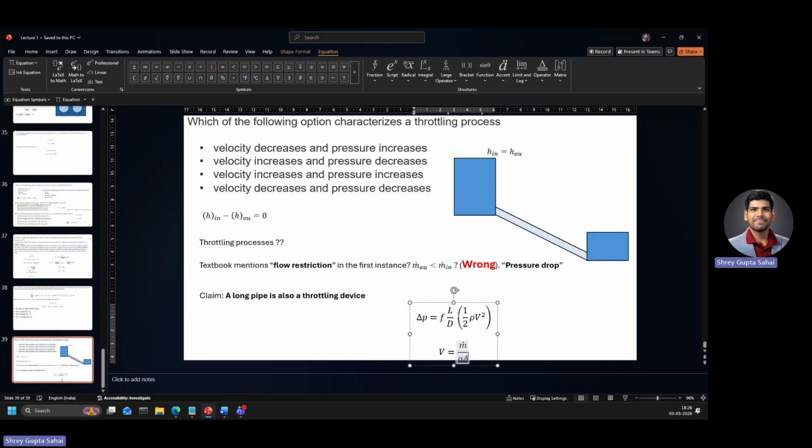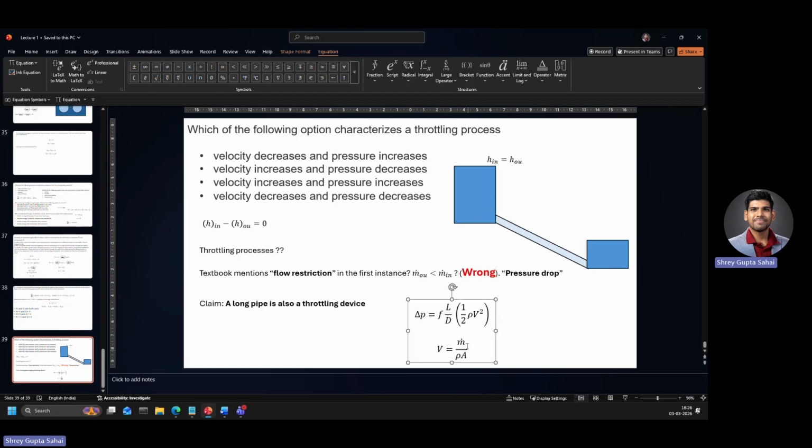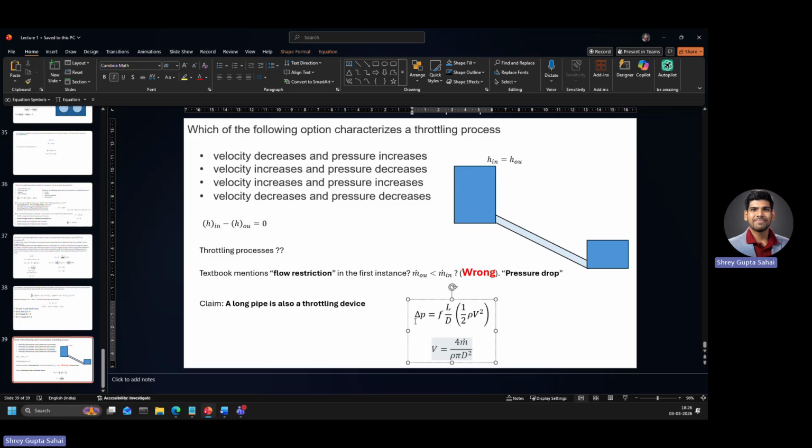Now I can substitute this back. A is pi d squared by 4. Now if I put this into the first equation, this is what I'm going to get.